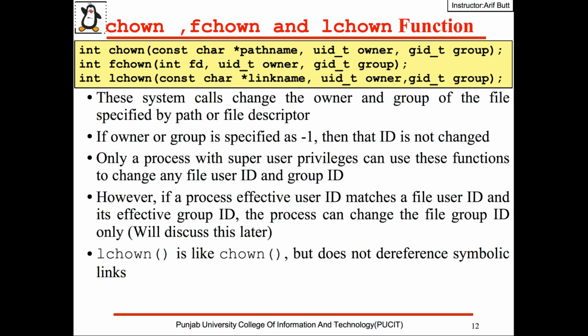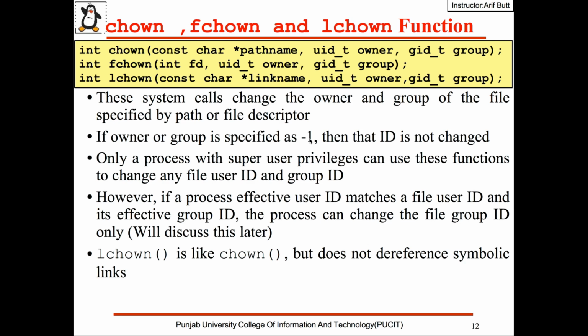Well, as you know, every file that exists on your system has an owner and a group associated with it. So if you want to change the owner and the group, you can use these commands. You give the file name first, and then the ID of the owner and the ID of the group. If you don't want to change the group, for example, you specify a -1 there.